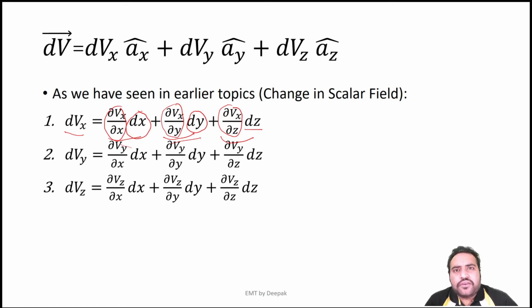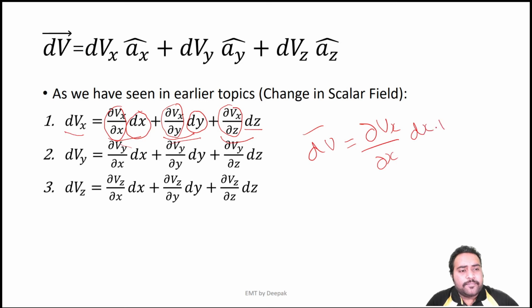Now imagine a scenario where there is no displacement along dy and dz. There is only displacement along dx. Then what would be dv bar? Then dv bar would be directly dou vx by dou x dx plus dou vy by dou x dx.